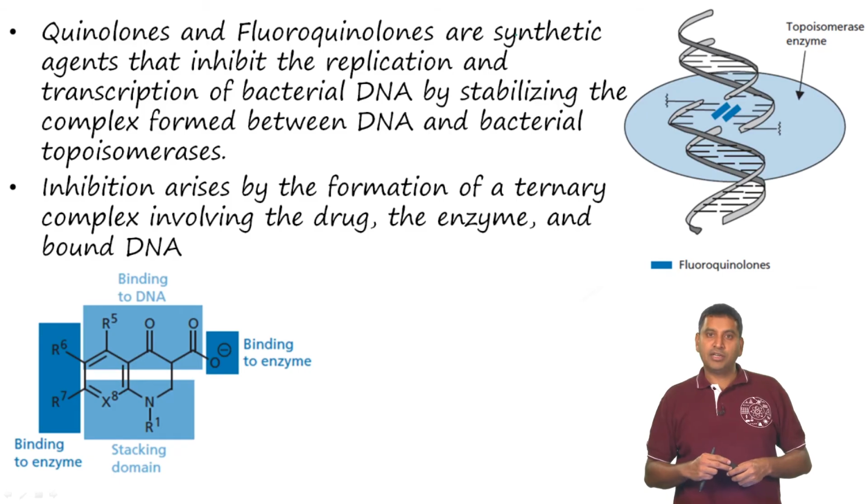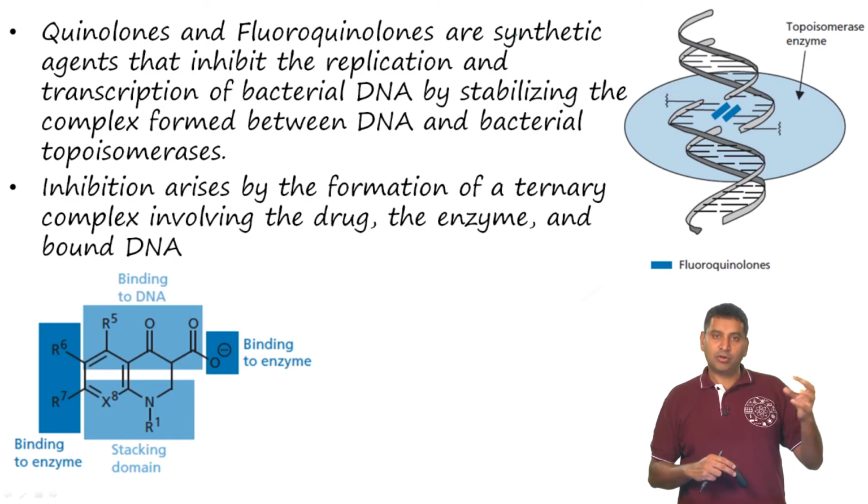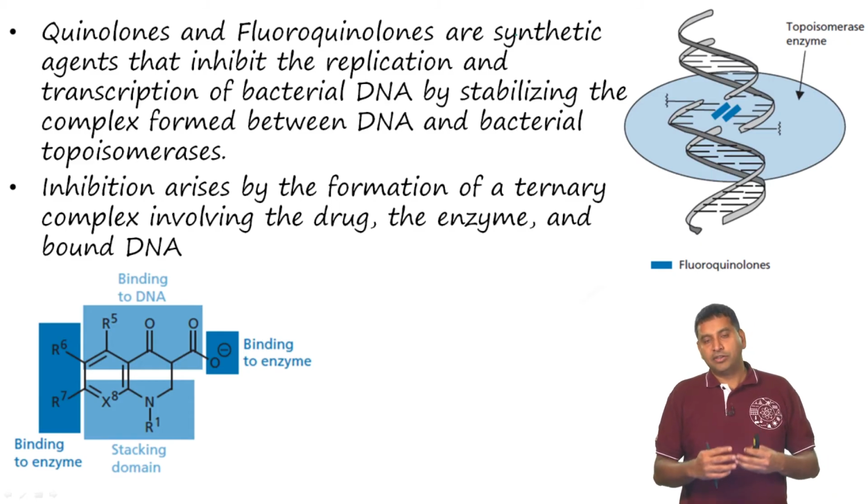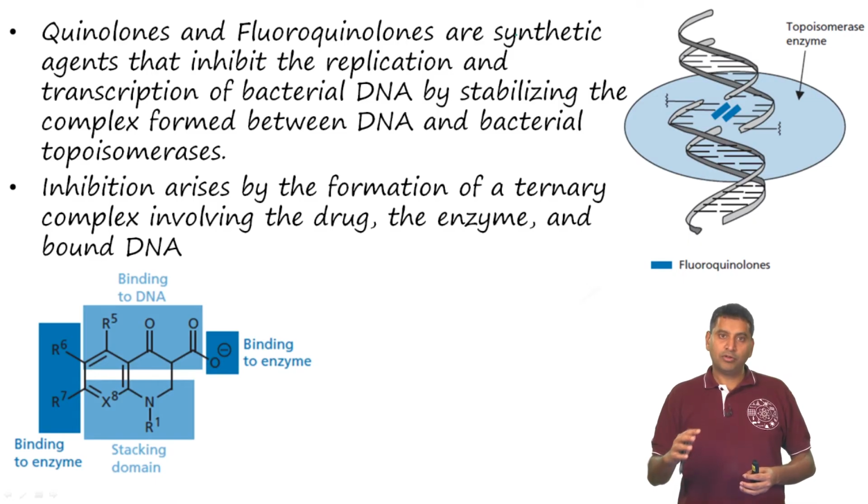So, what happens is that they stabilize the complex formed between DNA and bacterial topoisomerase. Once you stabilize this complex, as you can recall from the example of Camptothecin, it results in accumulation of breaks. Inhibition arises by the formation of a ternary complex involving the drug, the enzyme and the bound DNA.